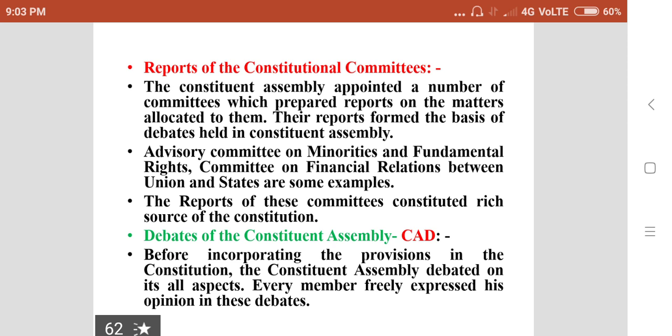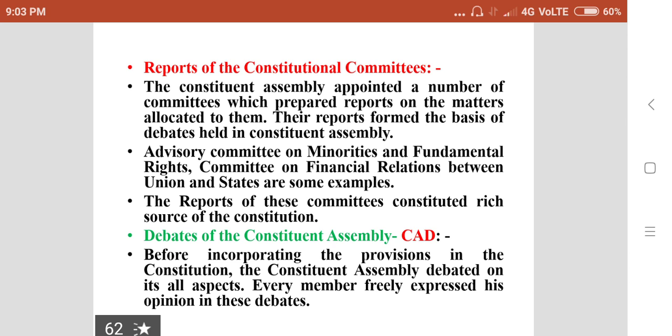Then debates of the Constituent Assembly. Before incorporating the provisions in the Constitution, the Constituent Assembly debated on all its aspects.